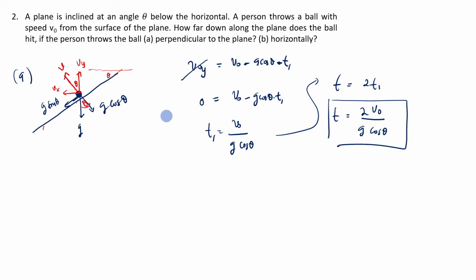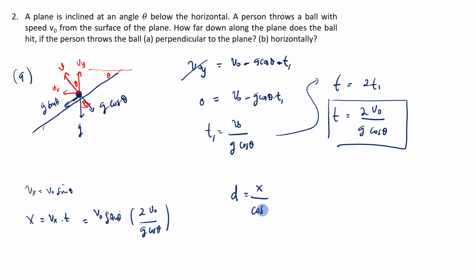We save it. Okay, and the horizontal speed of the ball is always Vx equals V0 sine theta. So the x value when it hits the plane is x equals Vx times t. We can substitute Vx by V0 sine theta times 2 V0 divided by g cos theta, and the distance down along the plane is then x divided by cos theta.